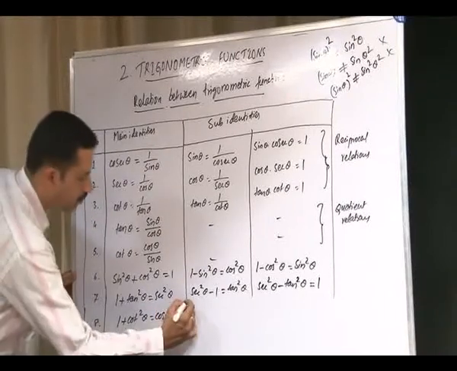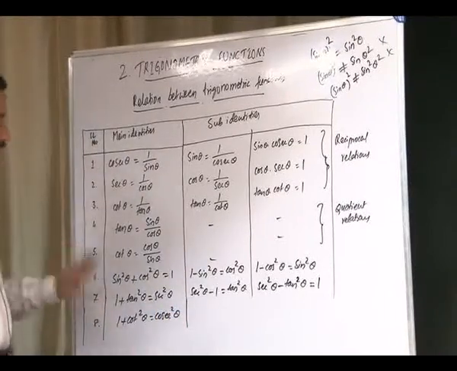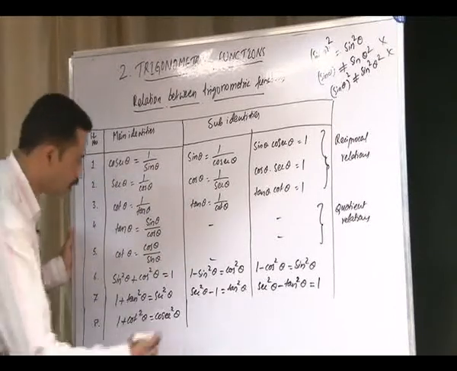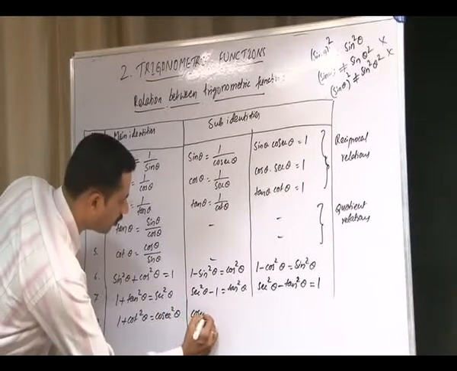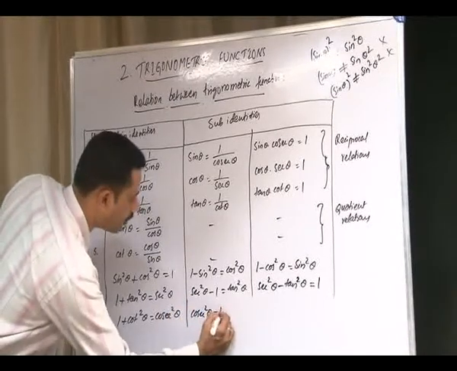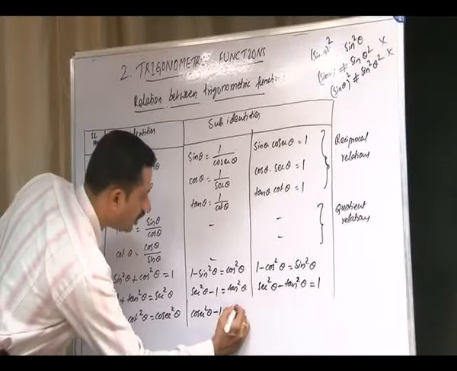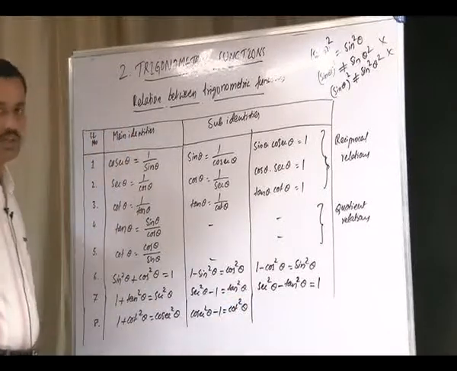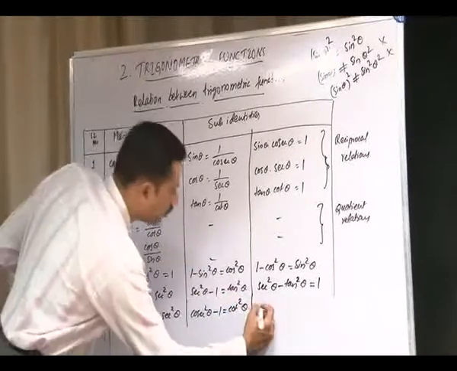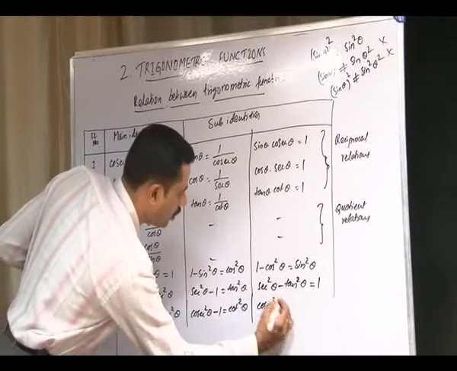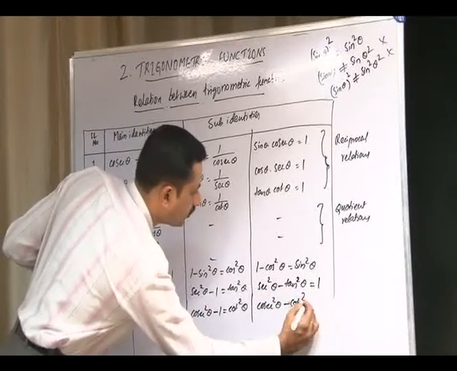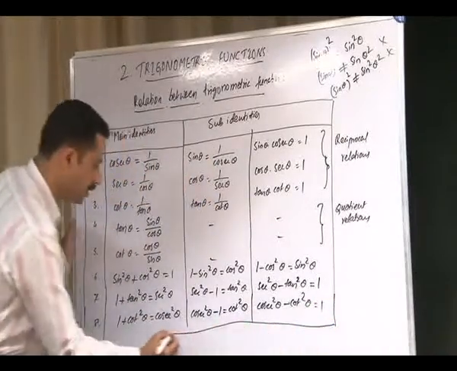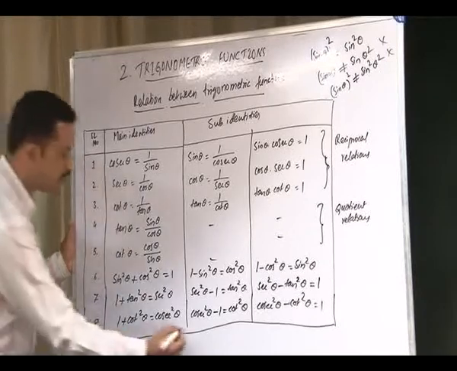This is another identity, the main identity, and in sub identity we can write cosecant square theta minus 1 is equal to cot square theta, or cosecant square theta minus cot square theta is equal to 1. So, these are the relations between trigonometric functions.